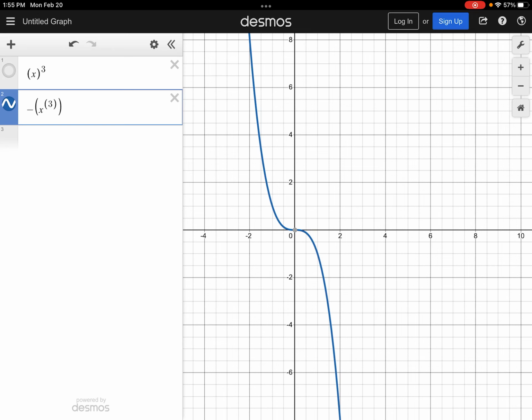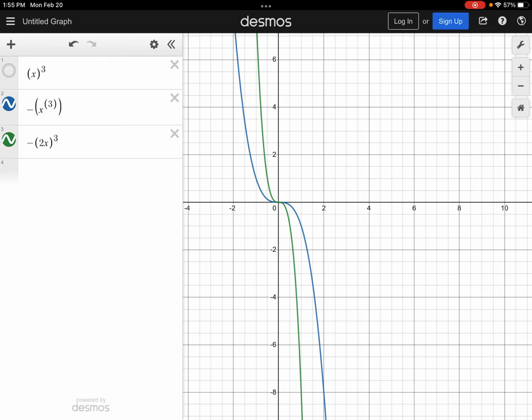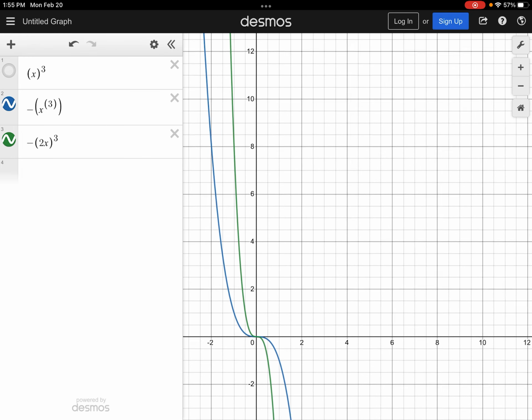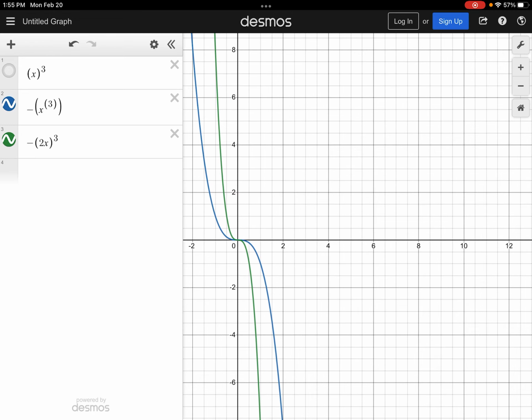And so let's look at what happens to our graph if we put a 2 in the parentheses with the x. I'm going to close that parentheses, raise that to the third power, and you can see how that green is inside. It's closer to the y-axis. It's being vertically stretched, horizontally compressed.